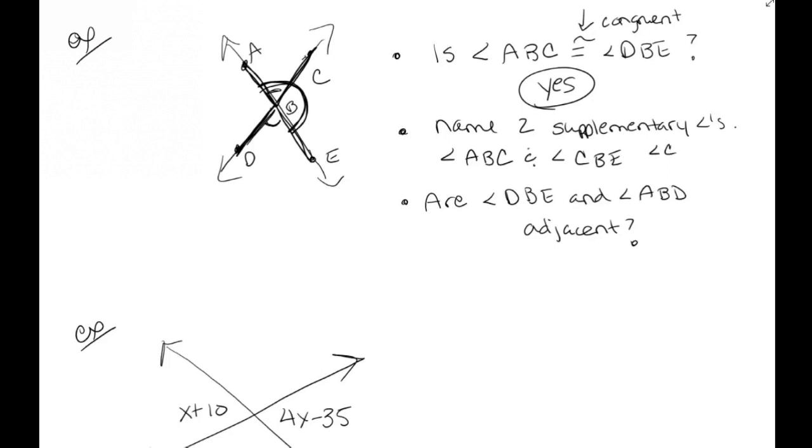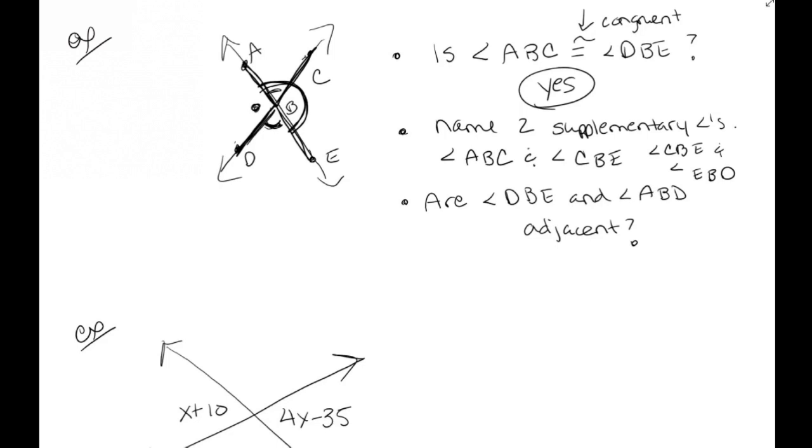Angle CBE and angle EBD are also supplementary angles. All right, and then our angles DBE, so we're talking about this guy, and ABD, now we're talking about this guy right here.